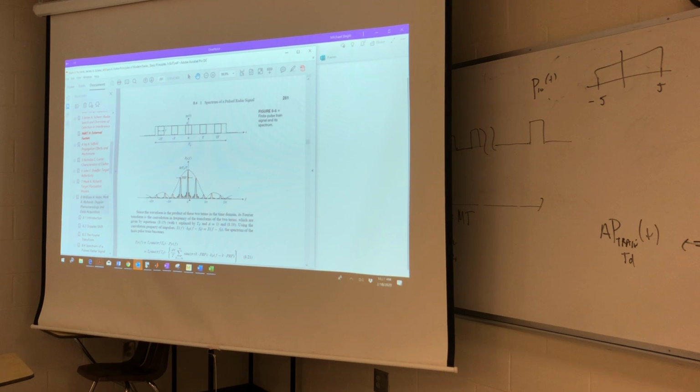Please take a look at this carefully. What happens is those spikes are not broadened. And what happens here, this width to the first lobe, and I'll try to draw it up here, is going to be basically limited to TD. And I'll try to show you this.